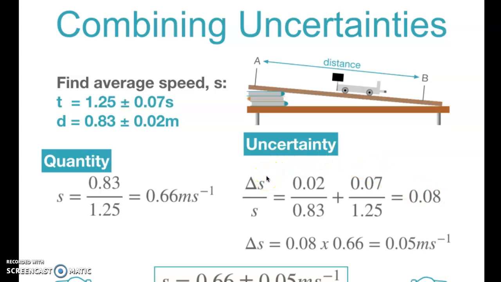So basically, what we have now is delta S, the absolute uncertainty, over S, which is the value of speed, equals 0.08. So if we rearrange this now, we have delta S over S, which is 0.66, equals 0.08.